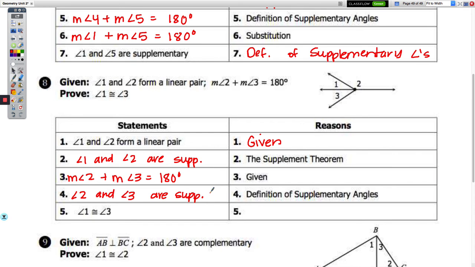So if angle 1 and angle 2 are supplementary, and angle 2 and angle 3 are supplementary, can we say that angle 1 is congruent to angle 3? Yes, by the congruent supplements theorem.